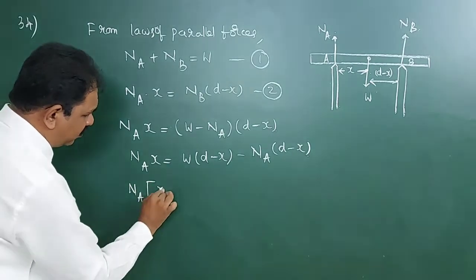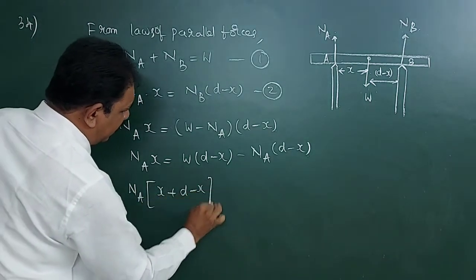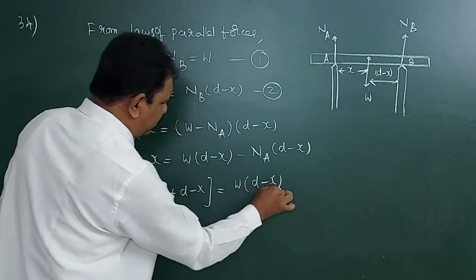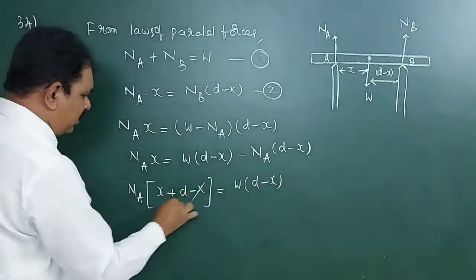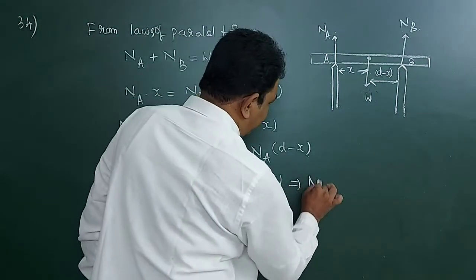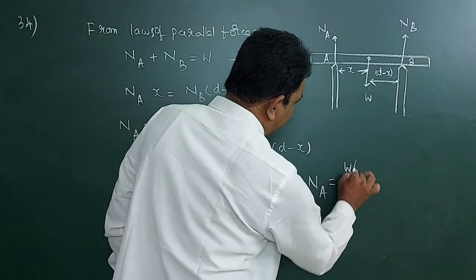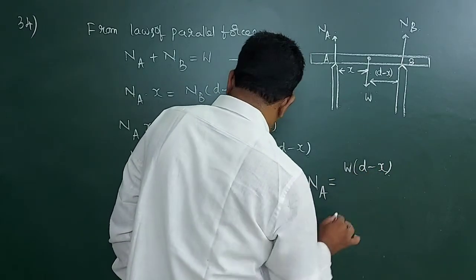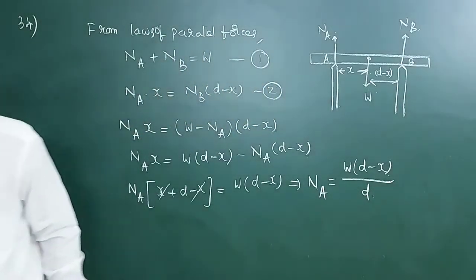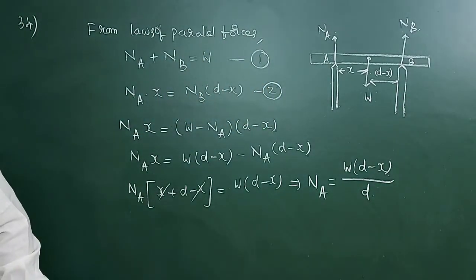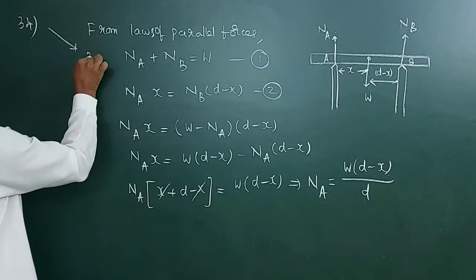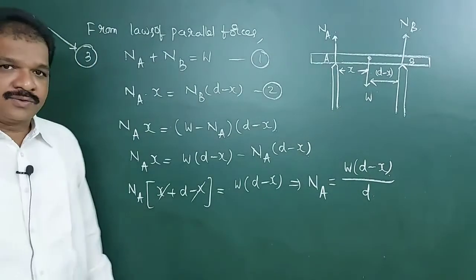Na into X plus D minus X is equal to W into D minus X. X will cancel here. Then the Na value will be W into D minus X by D. So what will be the answer for this one? 34, it will be the third option.